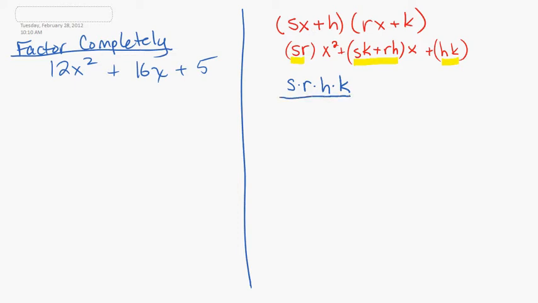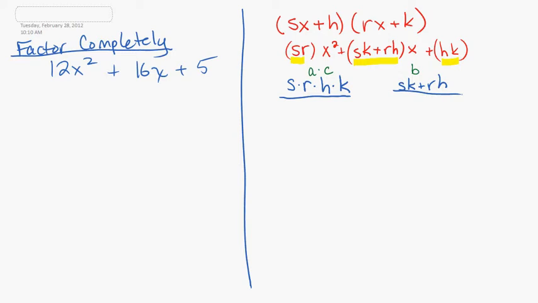And so that is my a times c. We'll often call that my a times c value. And I want to find a number that multiplies to my a times c value that adds to my b value. And to remind me, my b value in this specific case is s times k plus r times h.